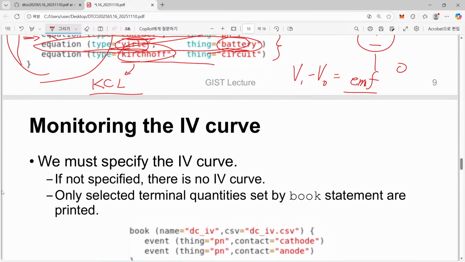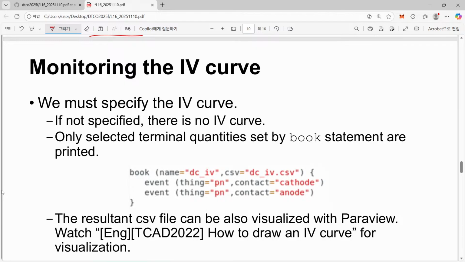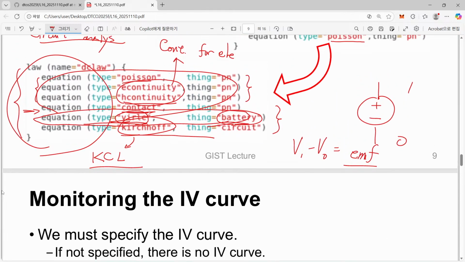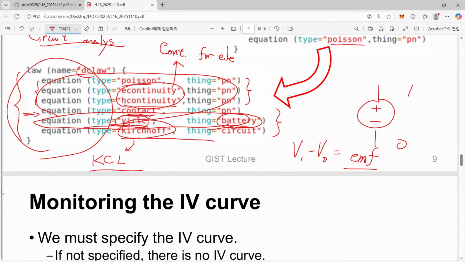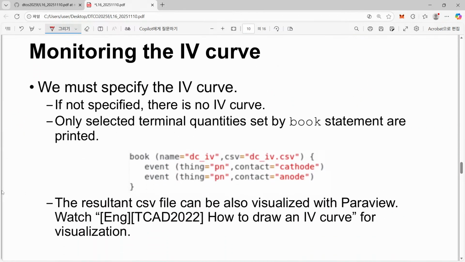Then we must solve that one. But if you just solve this equation with a newly defined DC law, then you will have no output. So we must specify the format of the output file.